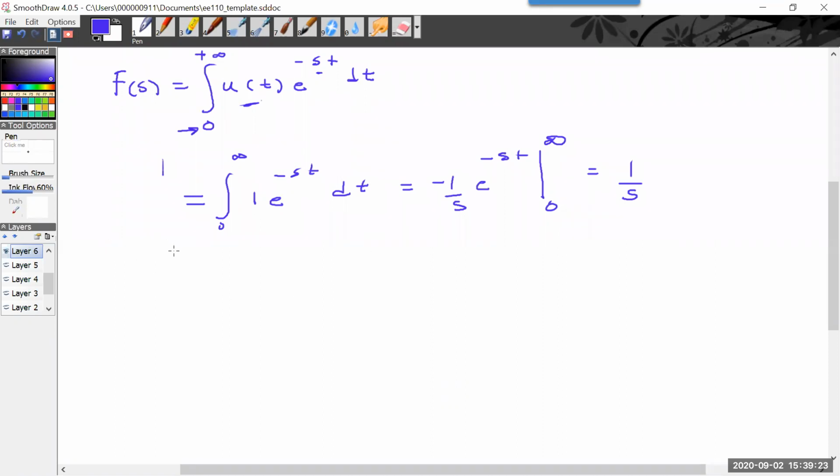So now we know that the Laplace transform of u(t) equals 1 over s.